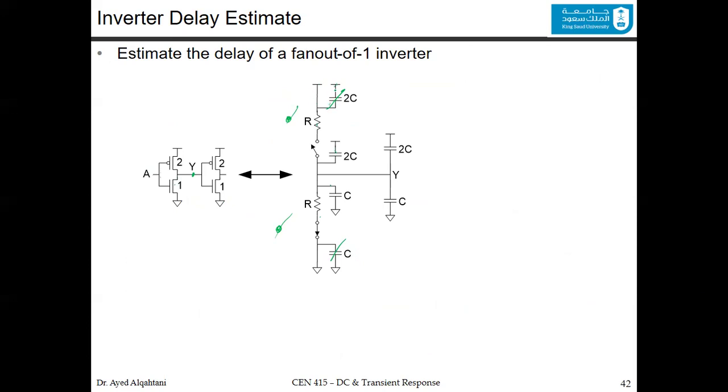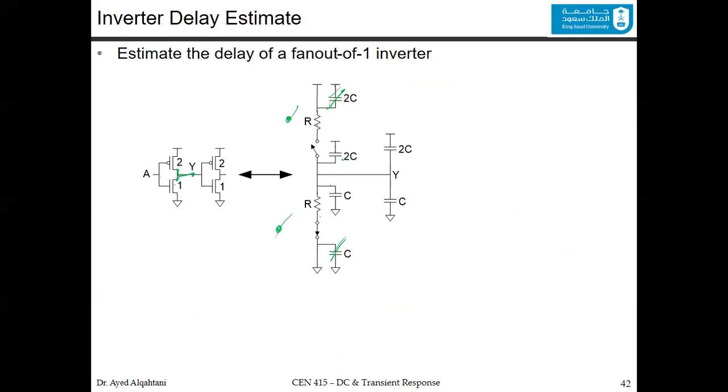There is no voltage difference for this capacitance to be charged or discharged. Similarly, I can also ignore them. The ones that really matter to me are this one and this one, the ones connected here and also here. Those 2 capacitances in those 2 diffusions are the ones that matter to me.